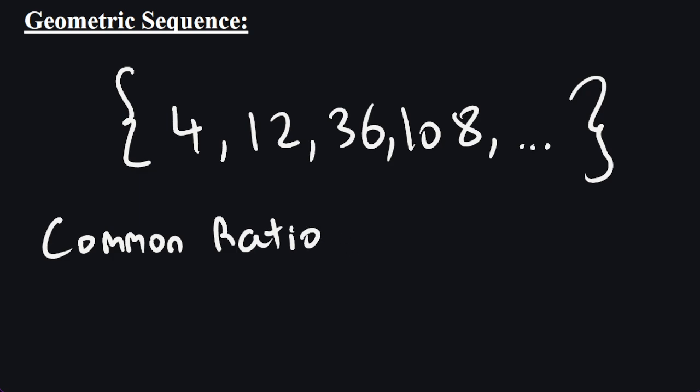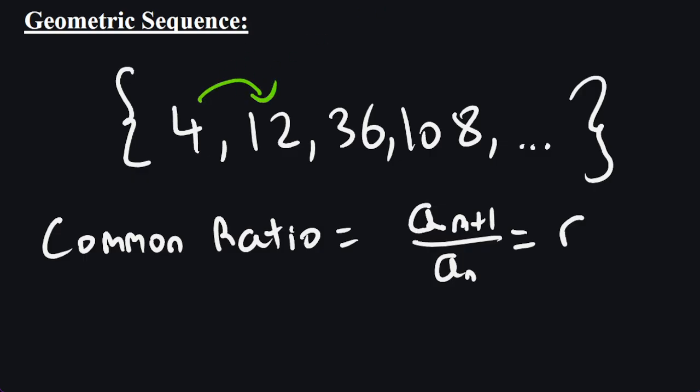If it has a common ratio, meaning that any two consecutive terms, a sub n plus 1 divided by a sub n, is some common ratio. So let's take a look at this. How do we get from 4 to 12 by multiplication? Well, that's times 3.